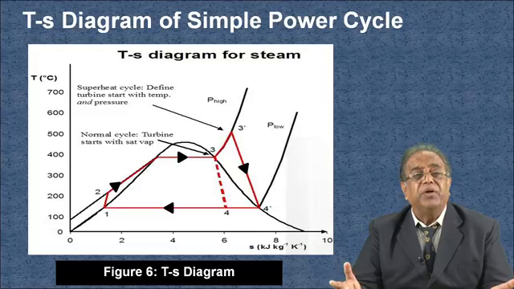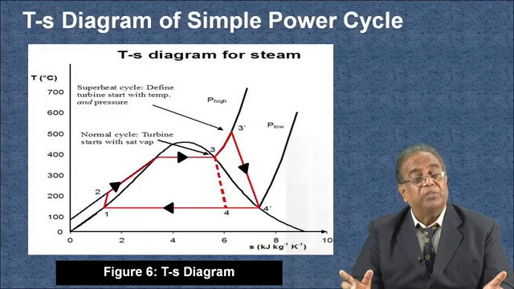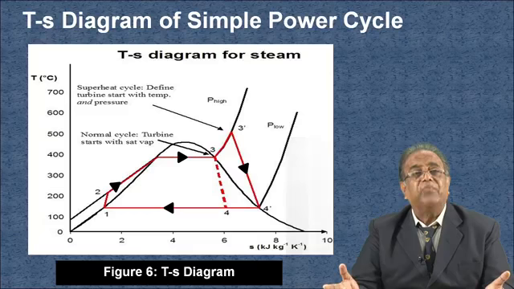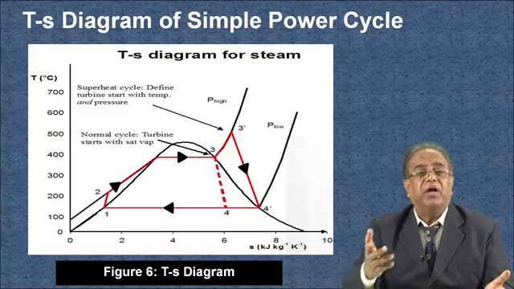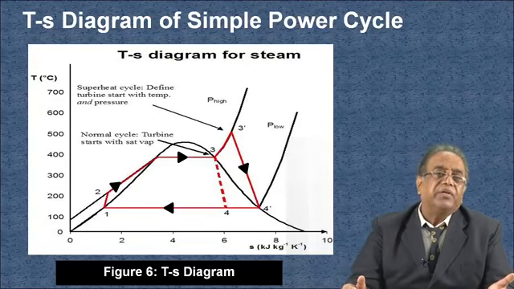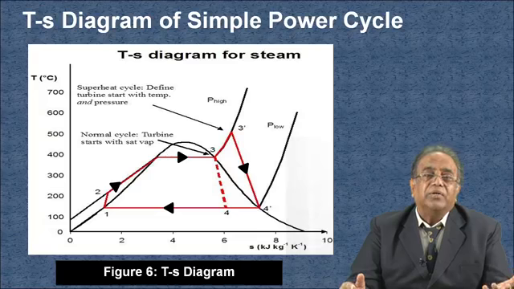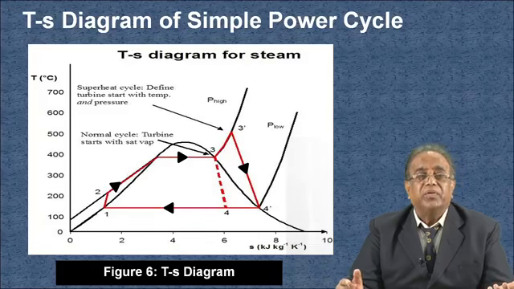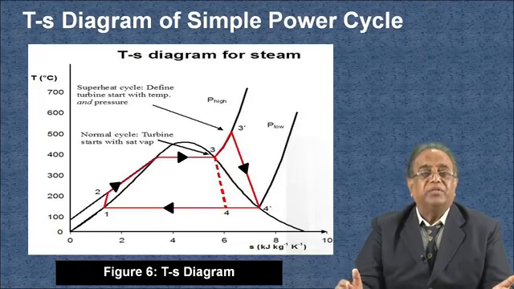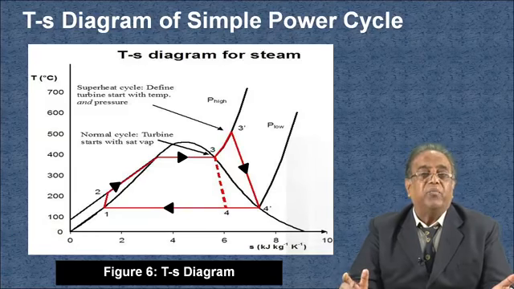So if superheated steam is entering the turbine, then the cyclic process is 1, 2, 3, 3 dash, 4 dash, 1. The high pressure is depicted in the TS diagram, and the low pressure is also depicted. So this is the temperature-entropy diagram.